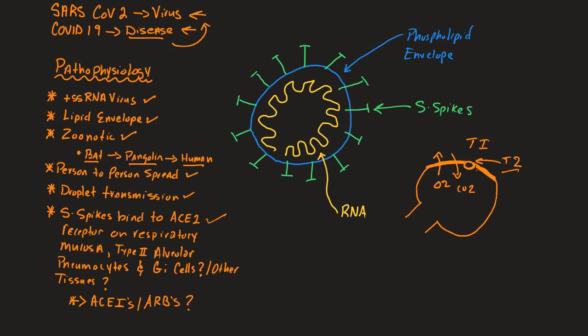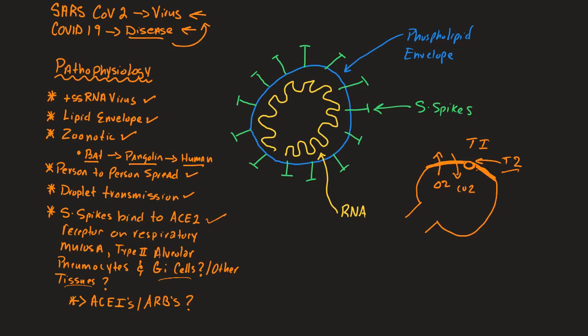Now, we also have ACE2 receptors on other types of tissue, for example, GI cells and other tissues such as cardiac tissues, potentially. And so that does call into question whether this virus may impact other areas of the body, and we do see a small portion of patients that develop COVID-19 will have gastrointestinal signs and symptoms that may or may not be related to the virus impacting those tissues.